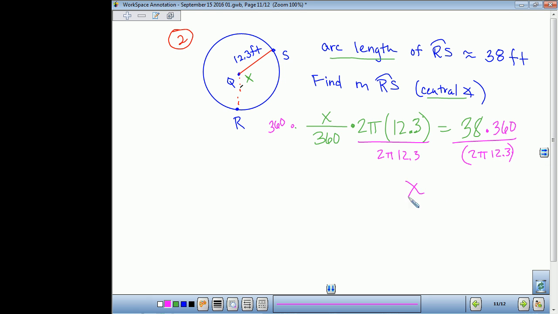Okay, let's punch this in and see if you can find the approximate central angle, which is equivalent to the measure of arc RS. Very good. Did you get 177 degrees approximately?